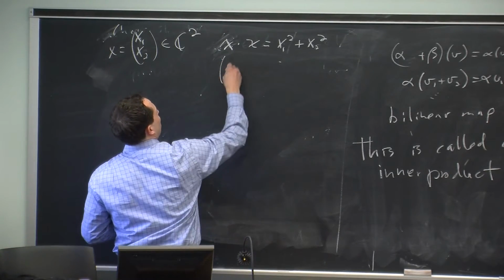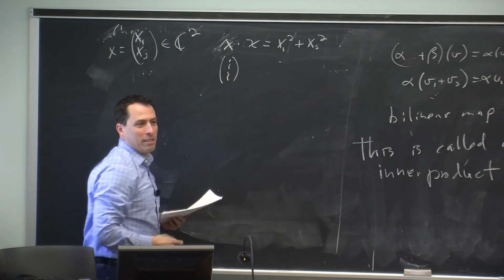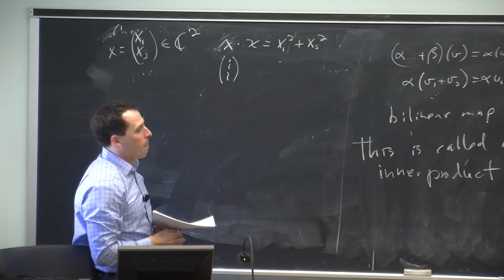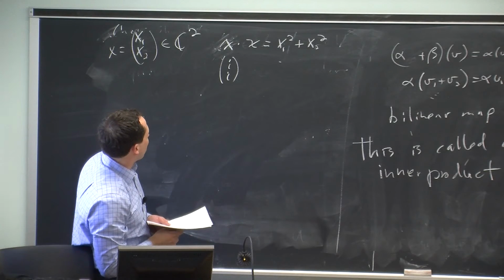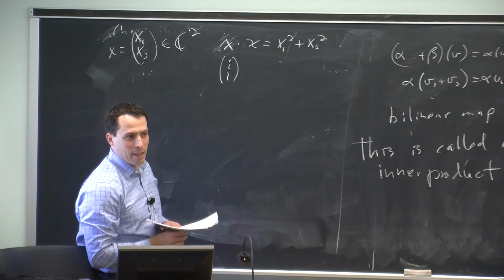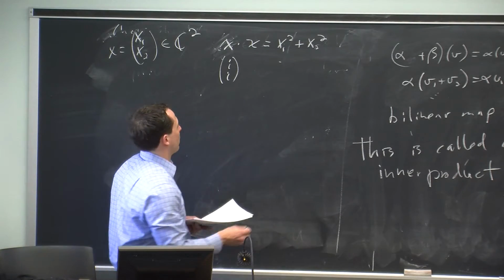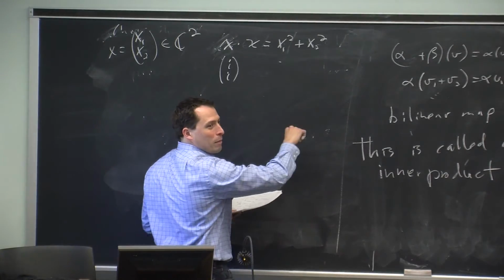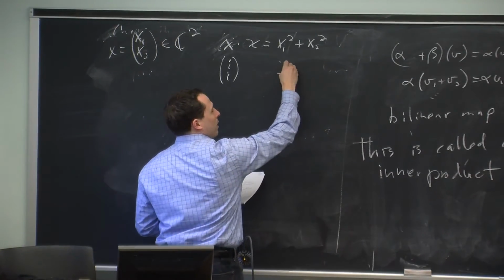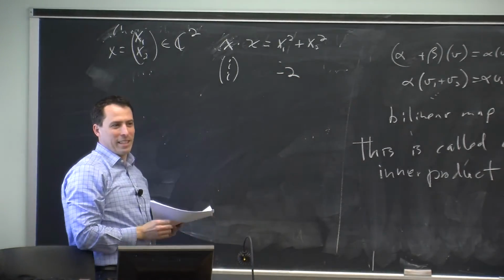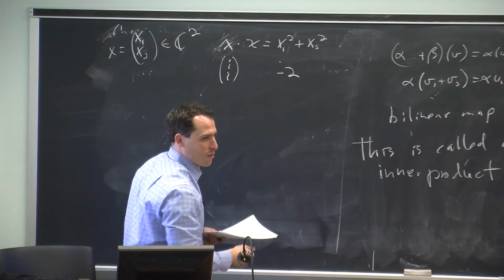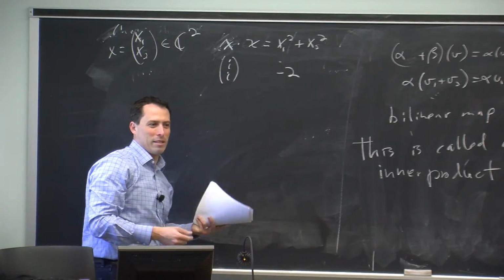Well, what if I choose my x to be i, for example? What am I going to get as my squared length? I get i squared plus i squared, minus 1 plus minus 1. So I'm going to get that the squared length is minus 2. Now, that's not a very good length, because that means the square root of that is going to be a complex number.